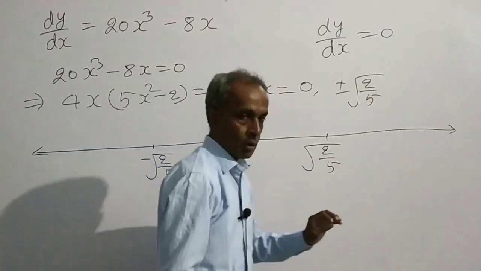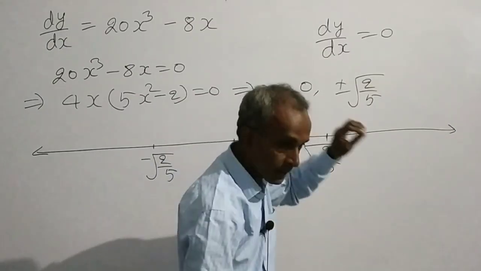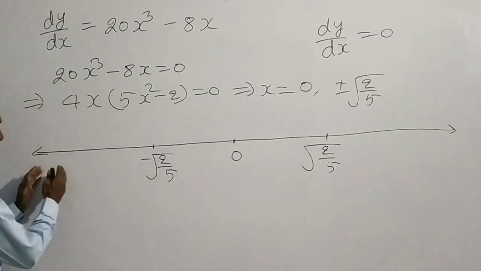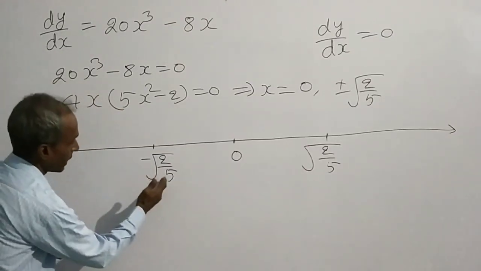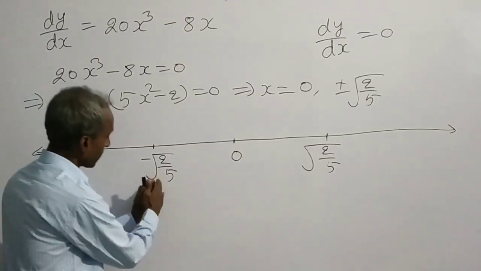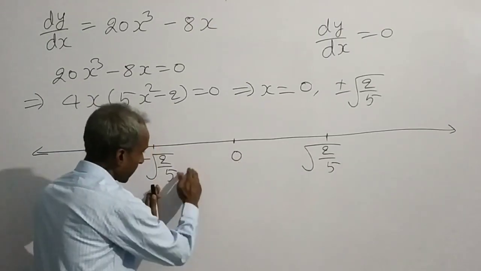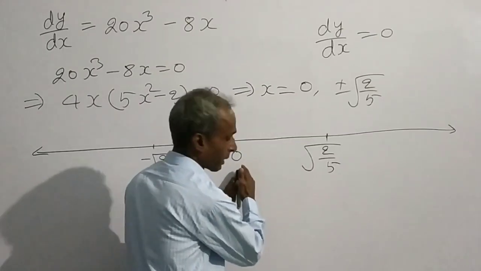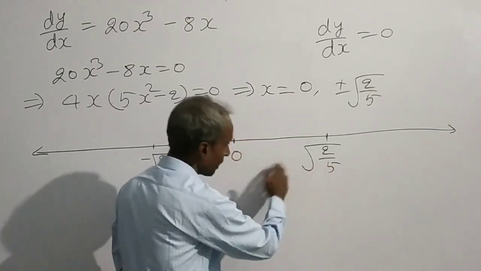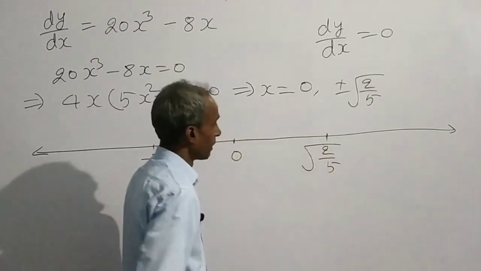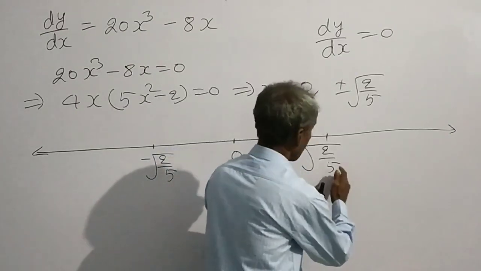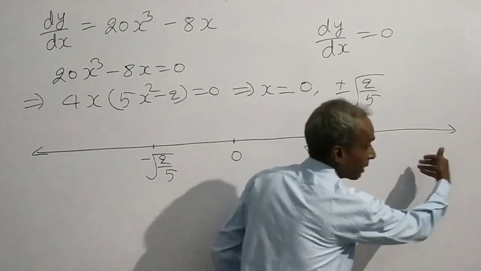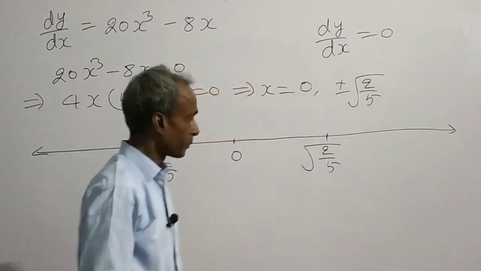Now values from any interval. There is this interval, minus infinity to less than this number; greater than this number, less than this number. This is the second interval. This is the third interval, greater than 0, less than root of 2 by 5. And this is the fourth interval, greater than this number up to infinity.